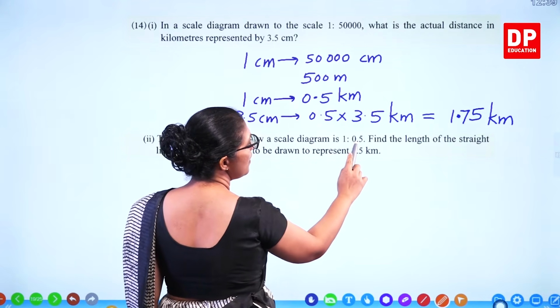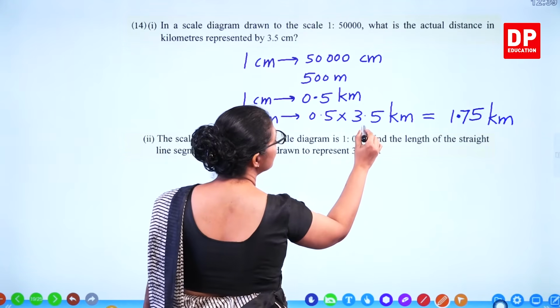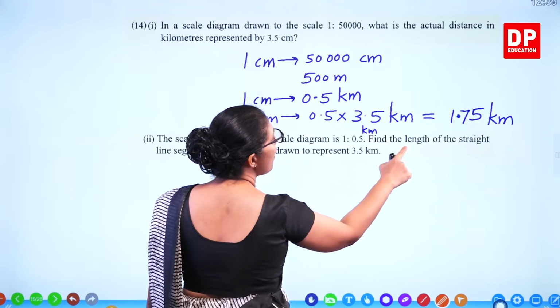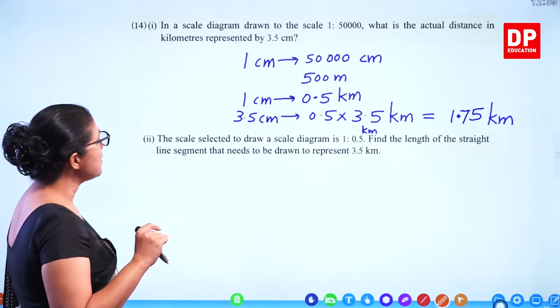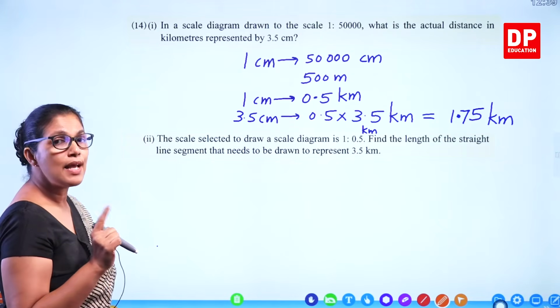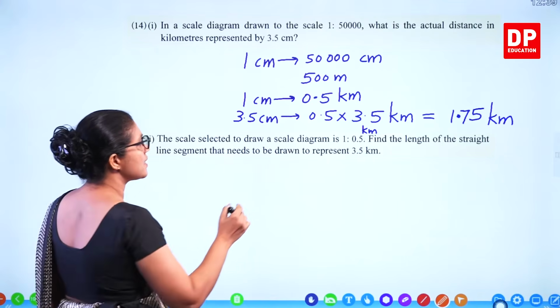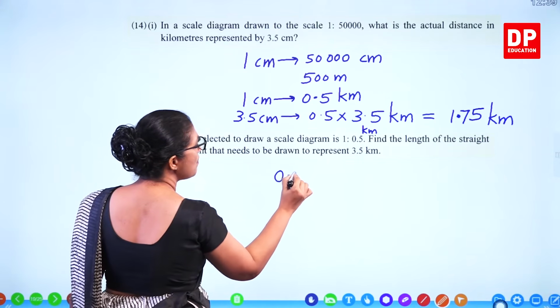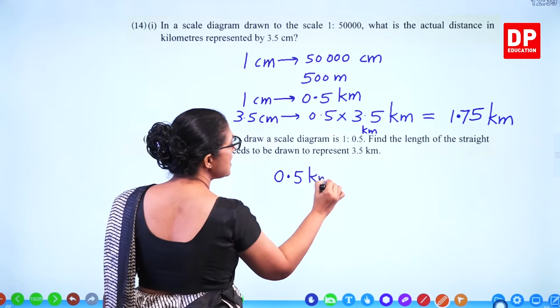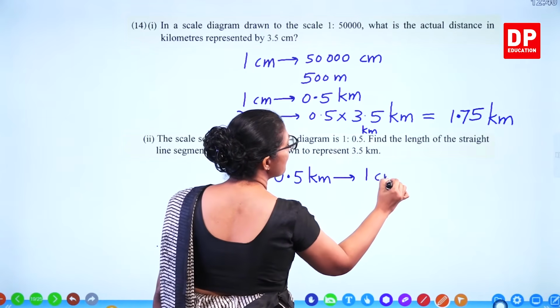Here, this should be in kilometers. Find the length of the straight line segment that needs to be drawn to represent the 3.5 kilometers. So according to the scale, 0.5 kilometers is 1 centimeter.